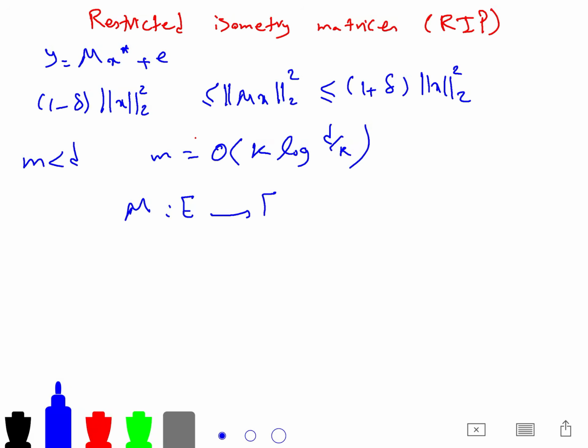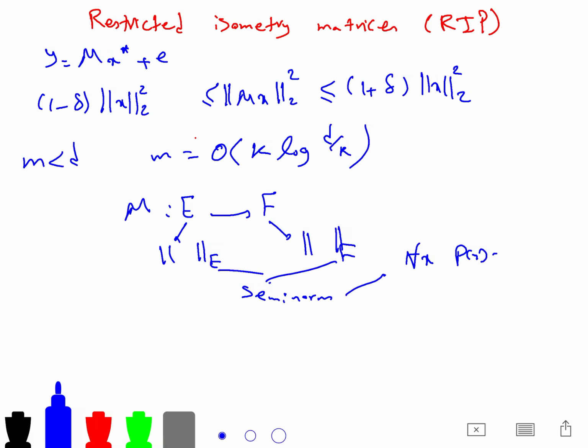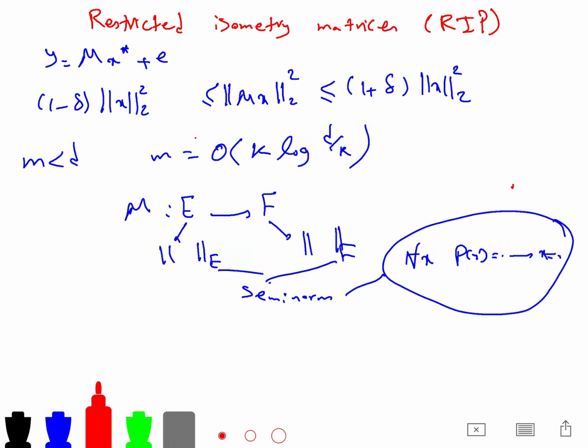So M goes from E to F, with norm in E and norm in F. These are semi-norms. When I say semi-norm, it means it need not be positive definite: it is not required that for any x, if p of x is 0, then x is equal to 0. So it's a semi-norm.